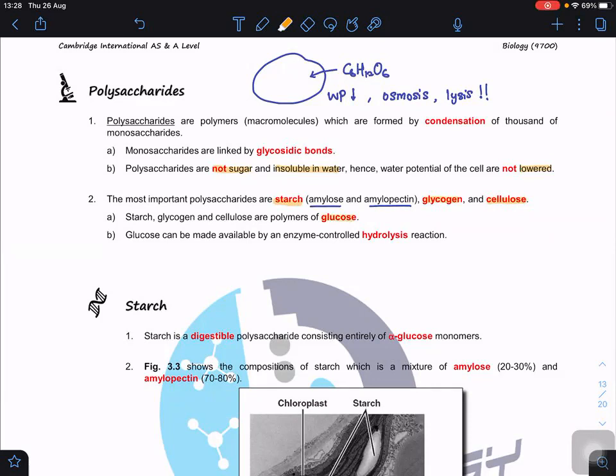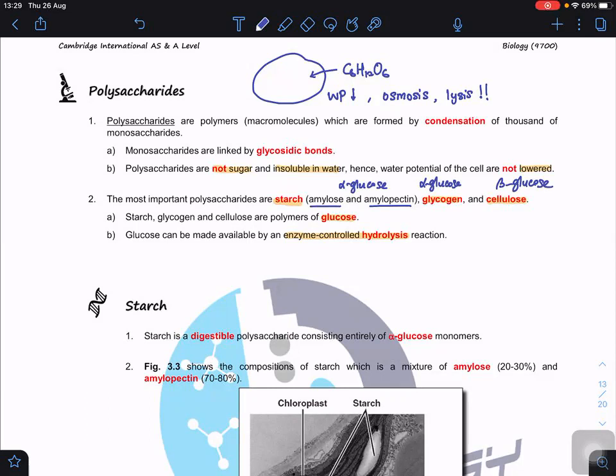And if we want to get back the glucose, we can use enzyme-controlled hydrolysis reactions. So we can write down: amylose, amylopectin, alpha glucose is the monomer; glycogen, alpha glucose; cellulose, we use beta glucose. So we need to know how the formations of amylose, amylopectin, glycogen, as well as cellulose take place.